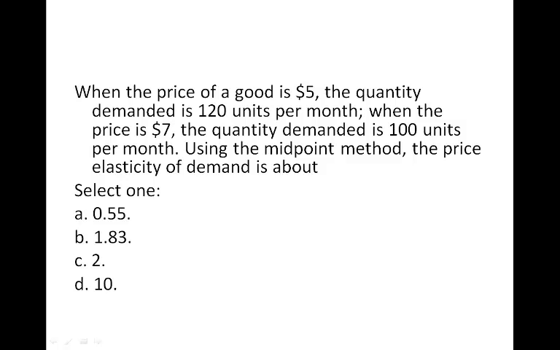So we're going to divide that by 2 over 6. So we have 20 over 110 divided by 2 over 6. So we're going to get an answer that's about 0.55, so the right answer is A.